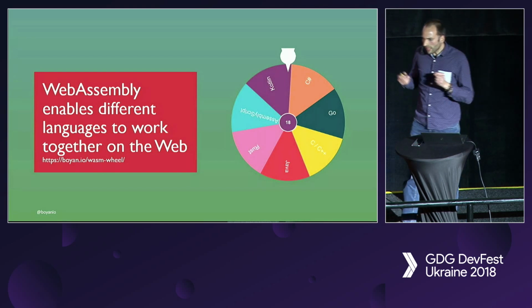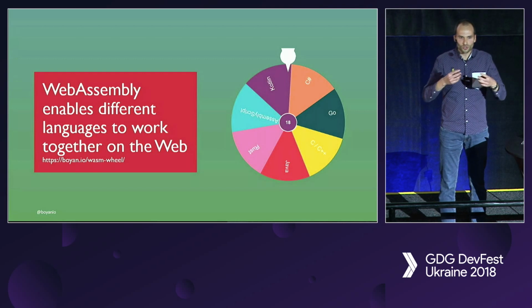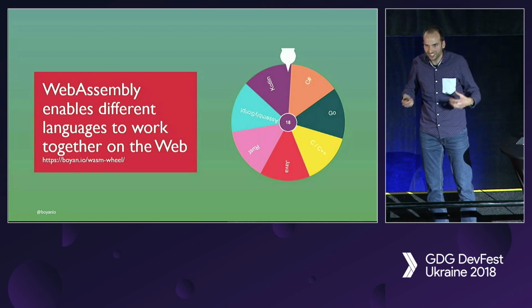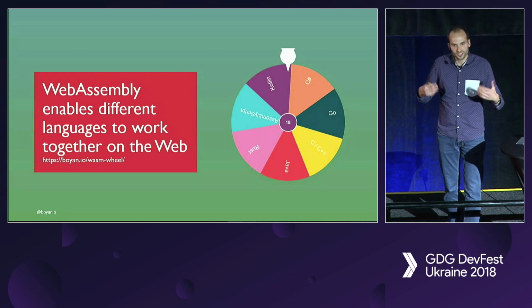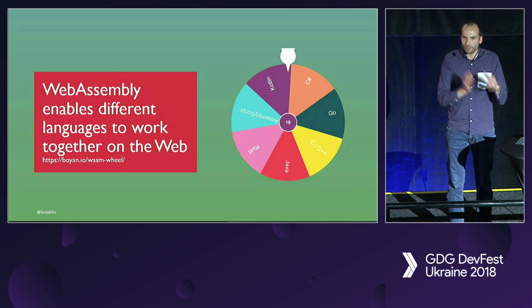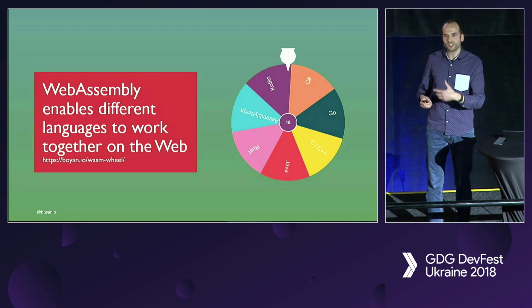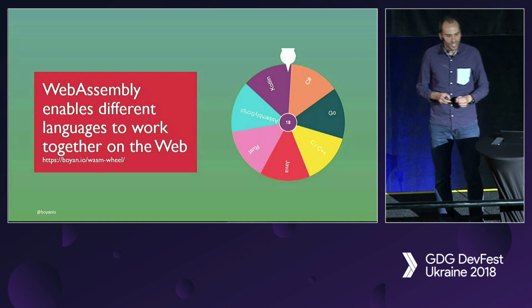Looking at this project, I was very happy every time I saw that a new language got support for WebAssembly, because I started immediately playing around with it and trying to compile it to WebAssembly to see how the developer experience is. And of course, the best developer experience so far is for C, C++, and Rust, but the other languages are slowly improving their compilation toolchains.